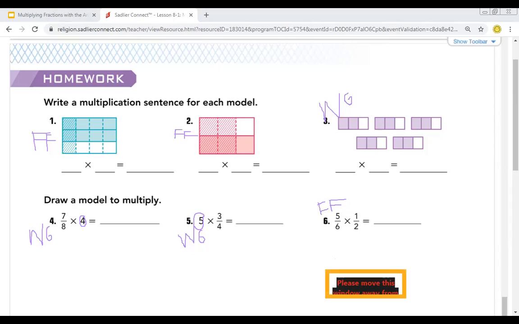Yep, 4, 5, and 6, you're drawing it and solving it. Okay, you have the rest of the class period here to work away at this. Use the models on 125 to help get you started, okay?